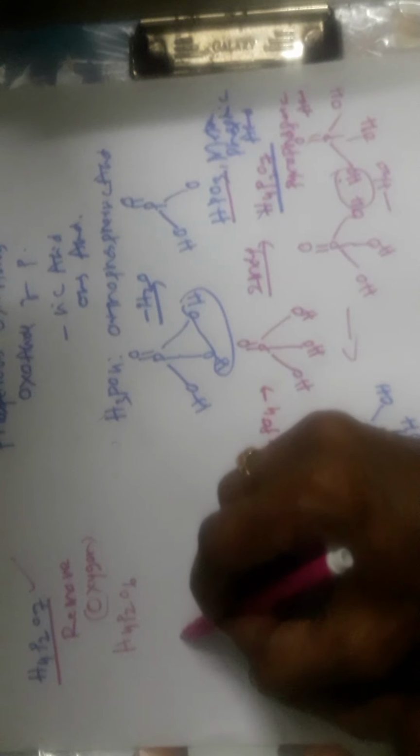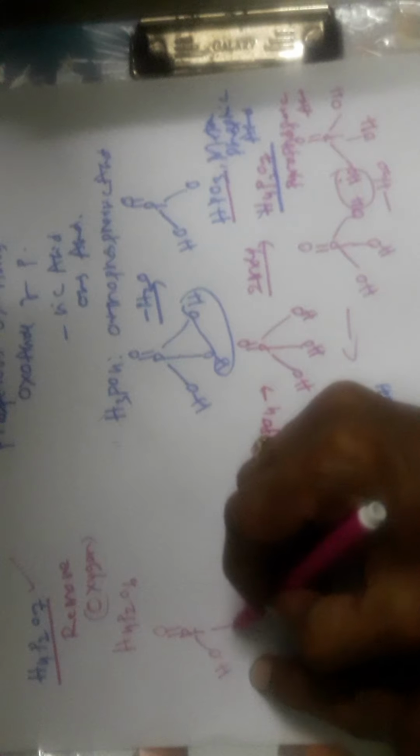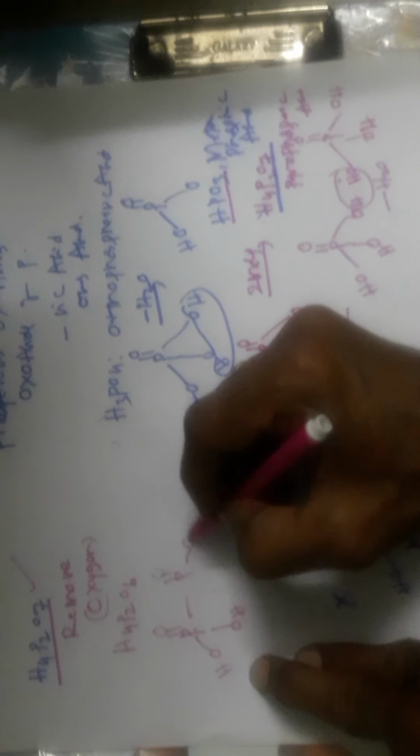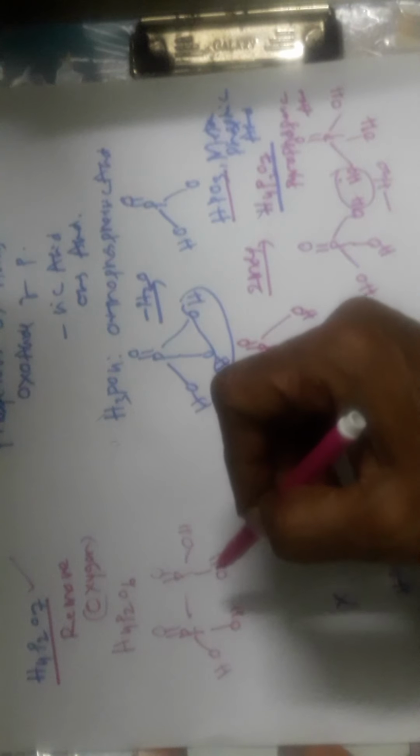H4P2O6. The structure: P double bond O, HO, OH, P double bond O, HO. You see, very simple. I have removed only one oxygen. Kindly keep it in mind. My dear students, in pyrophosphoric acid I have removed this oxygen to get H4P2O6, hypophosphoric acid. What is the difference between pyrophosphoric acid and hypophosphoric acid?